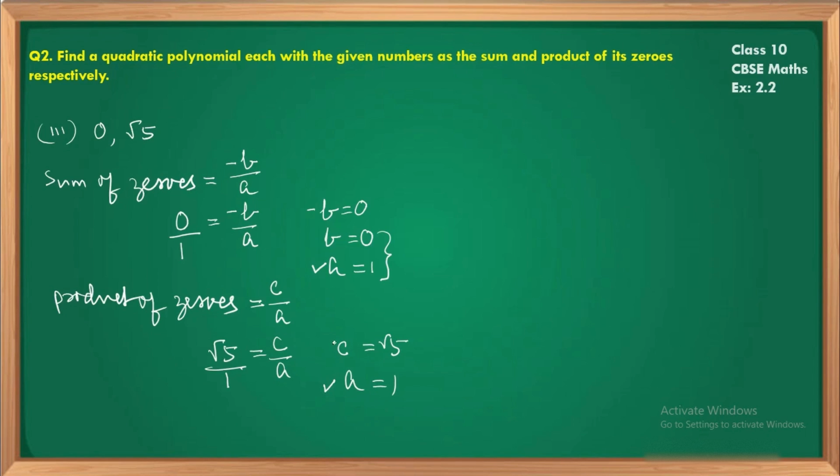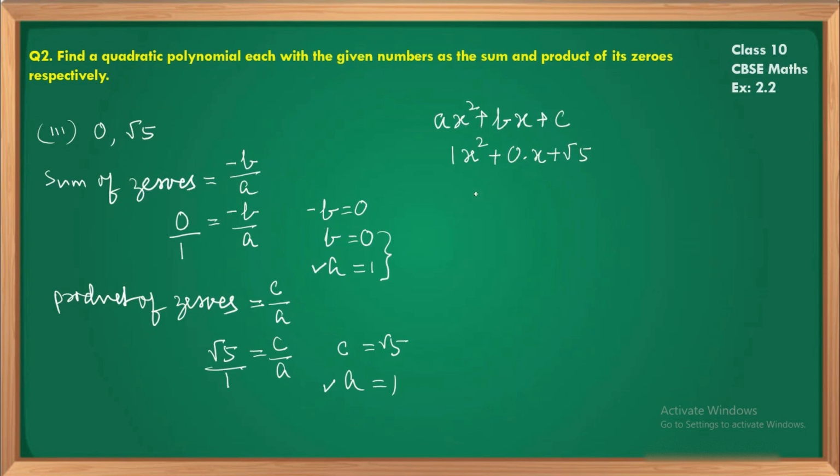So we can form the quadratic polynomial. Let us write down the standard format, that is ax square plus bx plus c. This is the standard and general form of quadratic polynomial. In place of a you have 1, that is equal to 1 x square plus b value is 0 into x plus c is root 5.